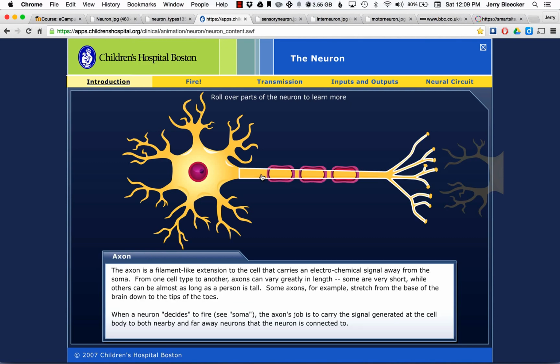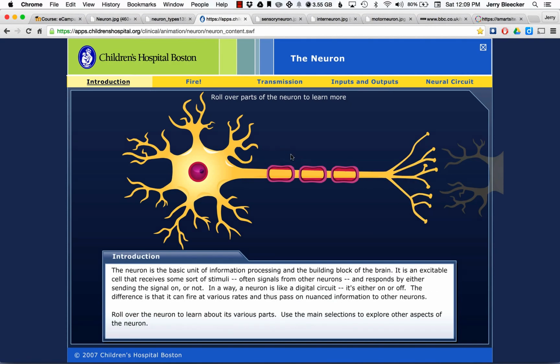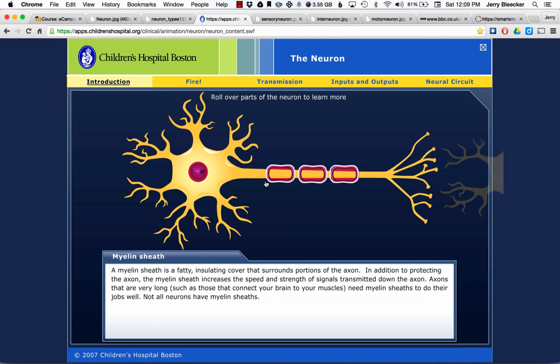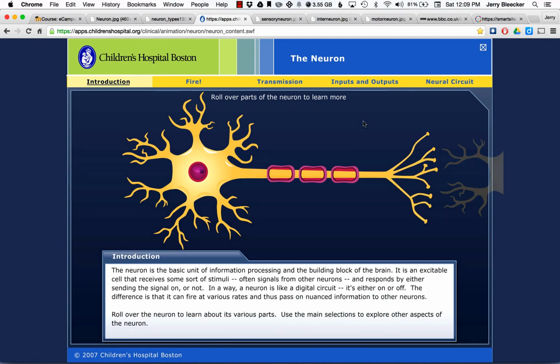A sort of spoiler alert here. The reason this is really important is it helps the signal to jump down the axon. And if the signal jumps down the axon, if it doesn't have to plow its way through the axon, that signal will be much more likely to reach the end and not degrade.